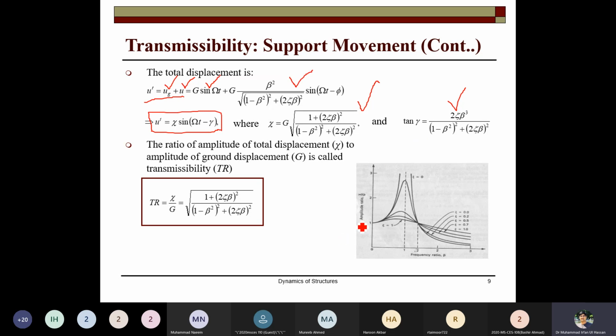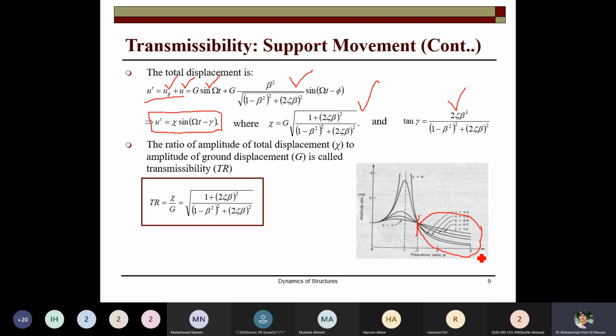Interestingly, when the amplitude ratio psi, the amplitude of the system, over g, the ground motion, is plotted, it is seen that with increase in the frequency ratio, at about 1 we get the peak response, but at frequency ratio of 2, suddenly the response is changing in case of the ground motion. So at frequency ratio of 2, the response is going like that.